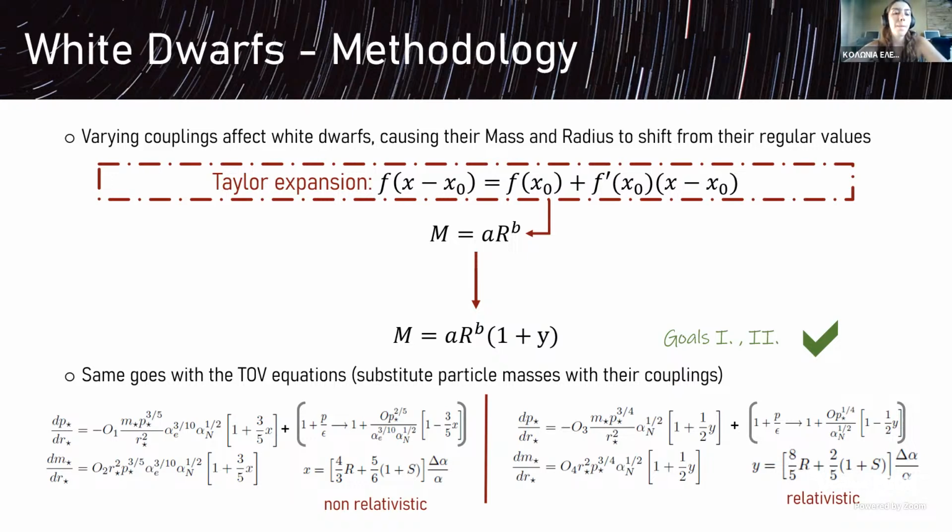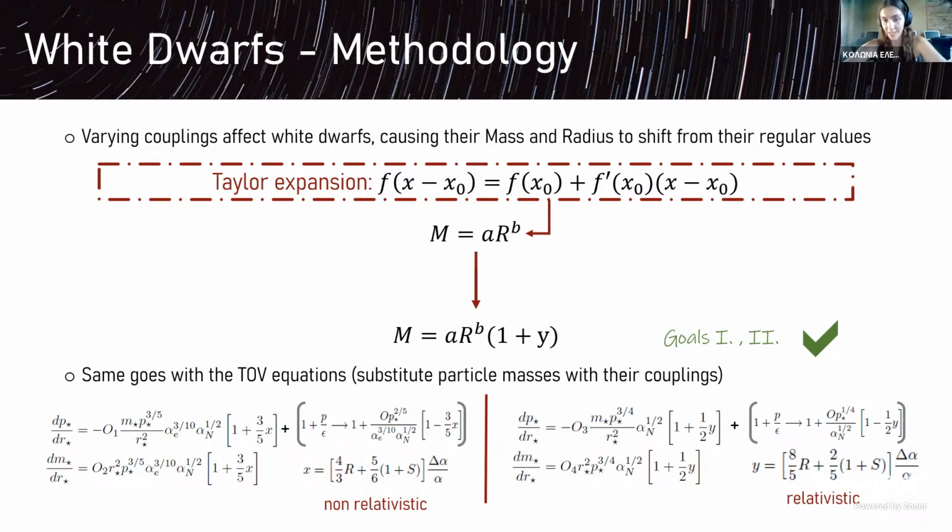Since we found the general relation for the mass radius function, we can take this bracket and put it as is into the top equations, by just changing the units a bit maybe, and then substituting the particle masses with their couplings. The particle masses, as I told you to remember, were found in this K, the polytropic coefficient.